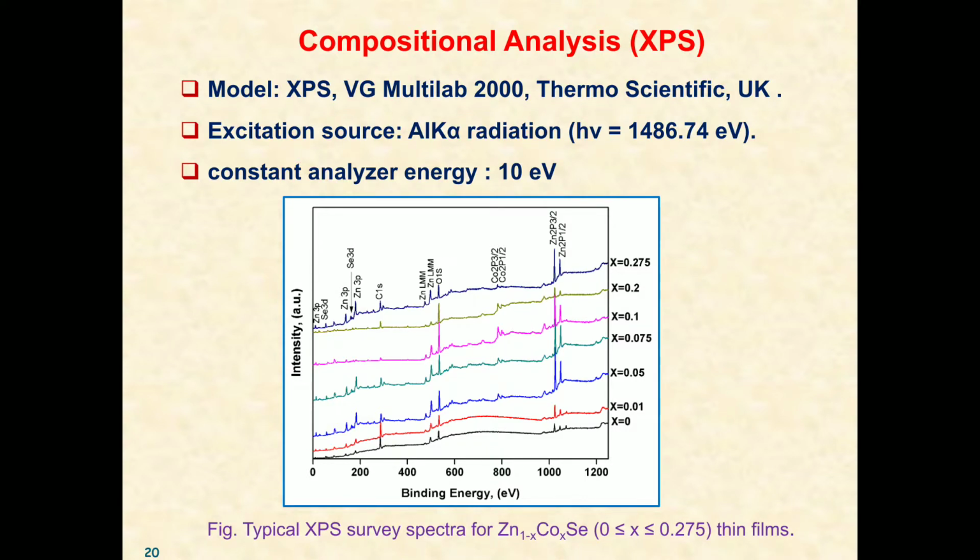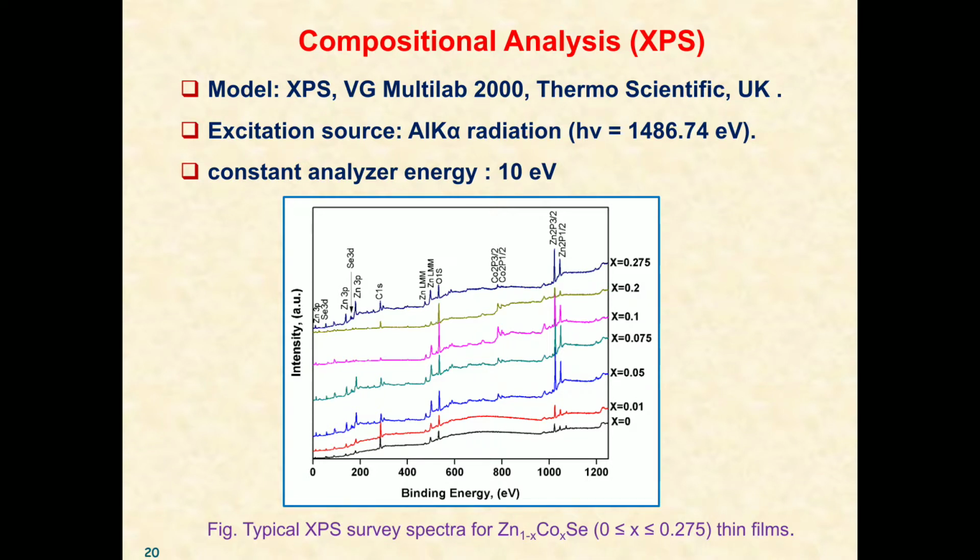The excitation source was Al K-alpha radiation, h nu equal to 1486.74 electron volt, using a constant analyzer energy of 10 electron volt. The figure shows the typical XPS surface spectra for Zn1-xCoxSe thin films, 0 less than or equal to x less than or equal to 0.275.